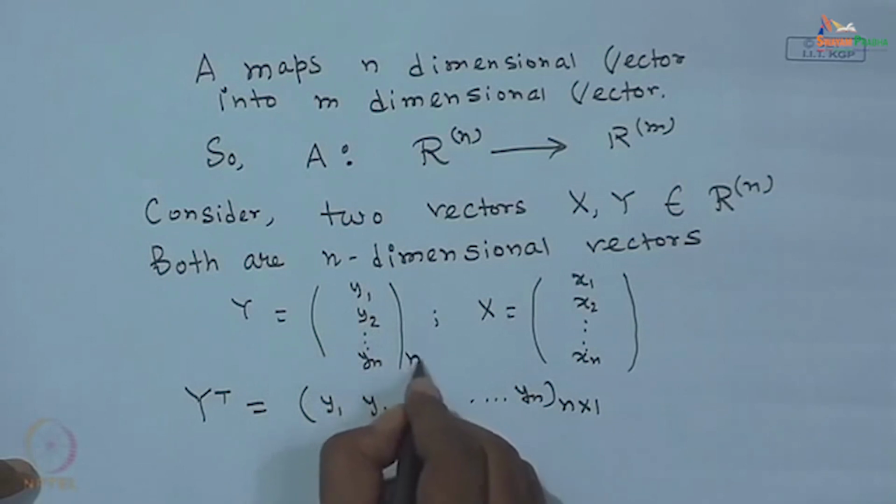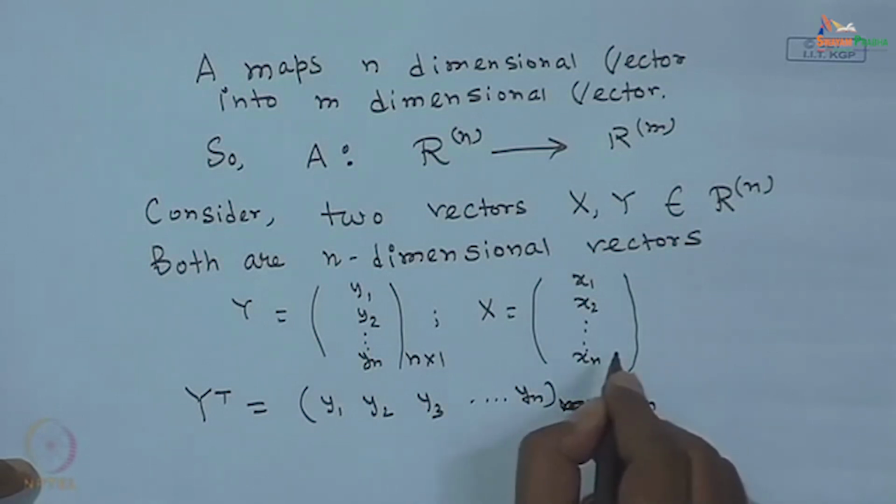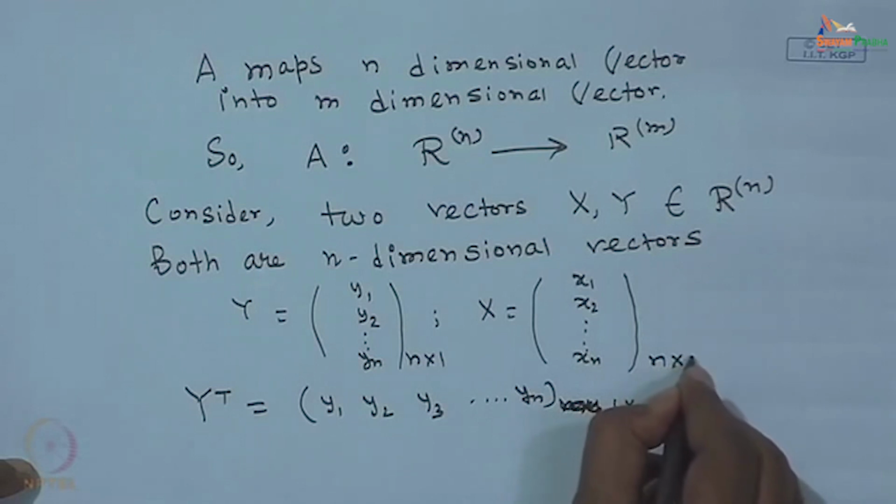So, this will become n into 1 and this will be a size of 1 into n. So, this is y transpose and x is also having a size n number of rows and 1 column. So, n into 1.